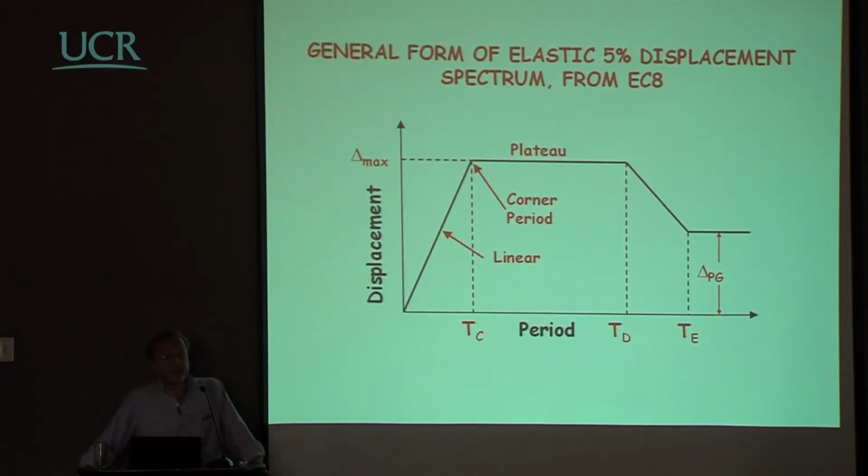The problem is that normally the value of the period that is indicated there as TC, and C is convenient because we call it also corner period, so C is also the initial of the word that we use to define it.